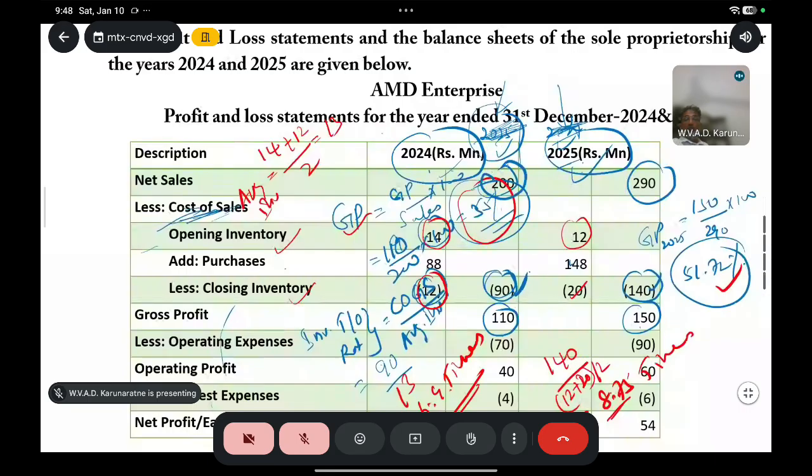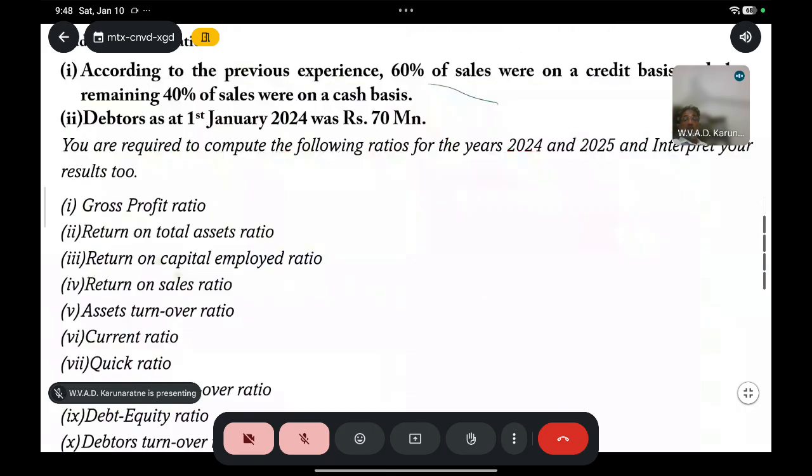So in order to divide this into credit sales and cash sales, you can use that 60% and 40%. That is also somewhat important in some calculations.